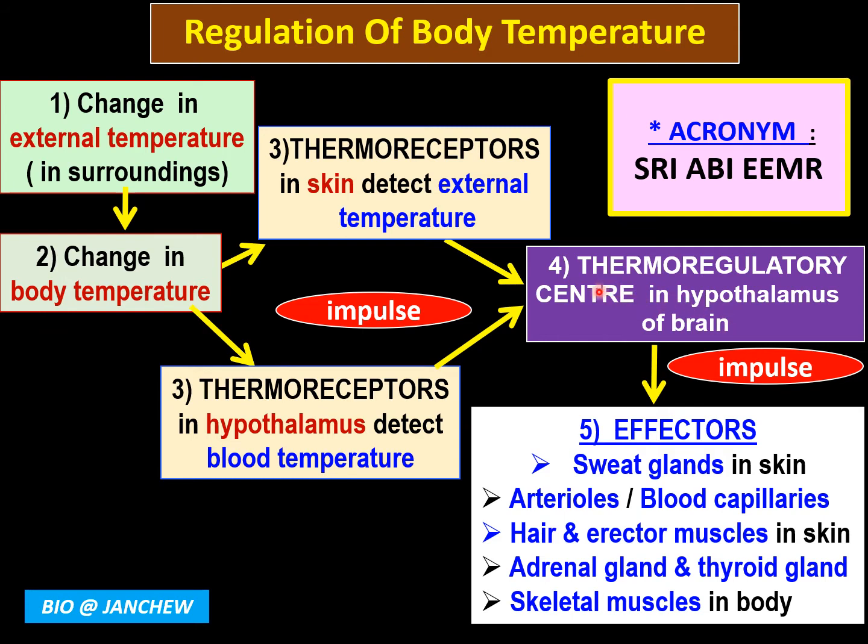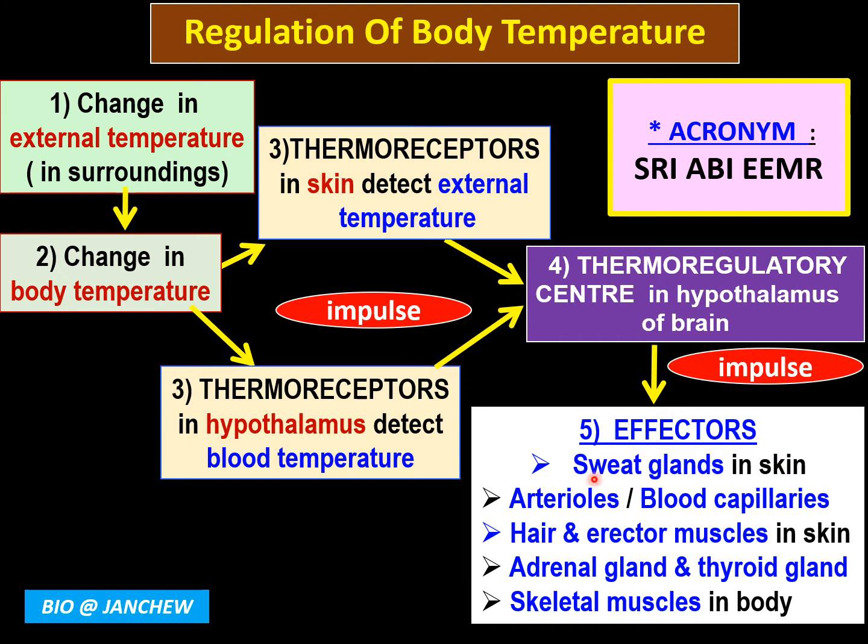So this thermoregulatory center is very important to help regulate the body temperature. Because of the impulse that is sent to it from the two thermoreceptors, it will then produce an impulse or impulses to be sent via the neurons to the effectors, such as the effectors in the skin, for example.